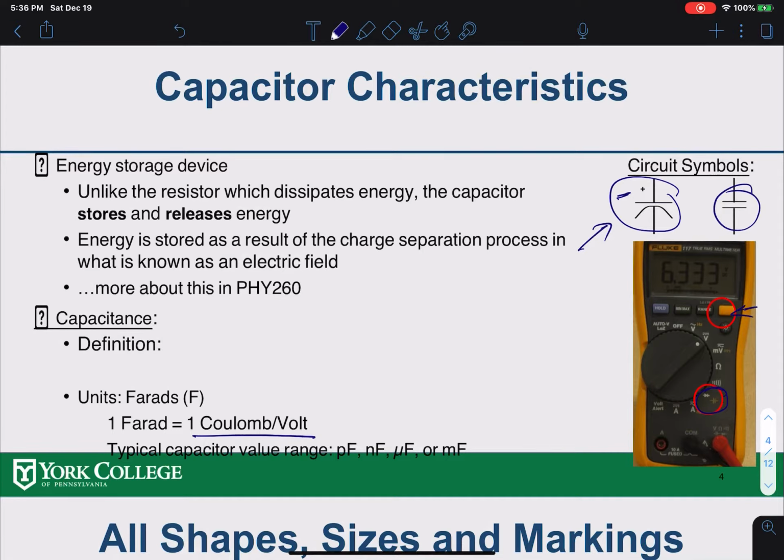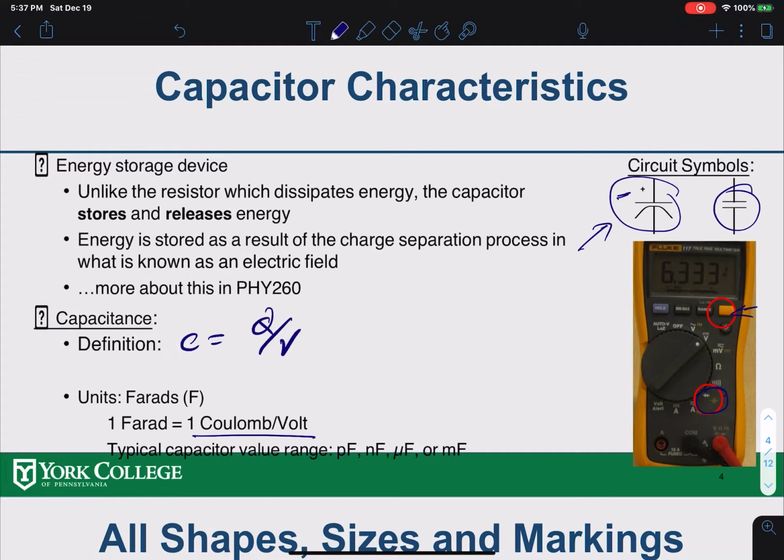So capacitance is coulomb per volt. So what is the definition of capacitance? Capacitance is the capacity to hold charges per unit voltage. So how much charge you can hold per unit voltage, that's the capacitance. That means C is Q over V, right?